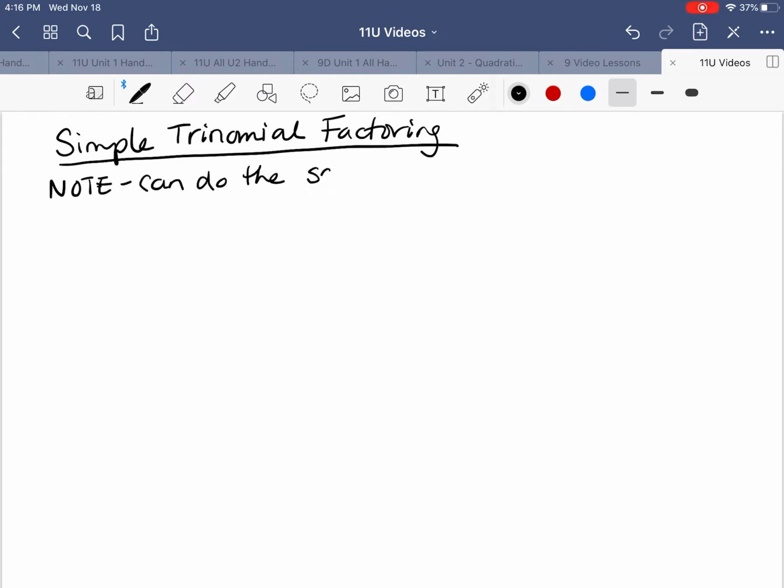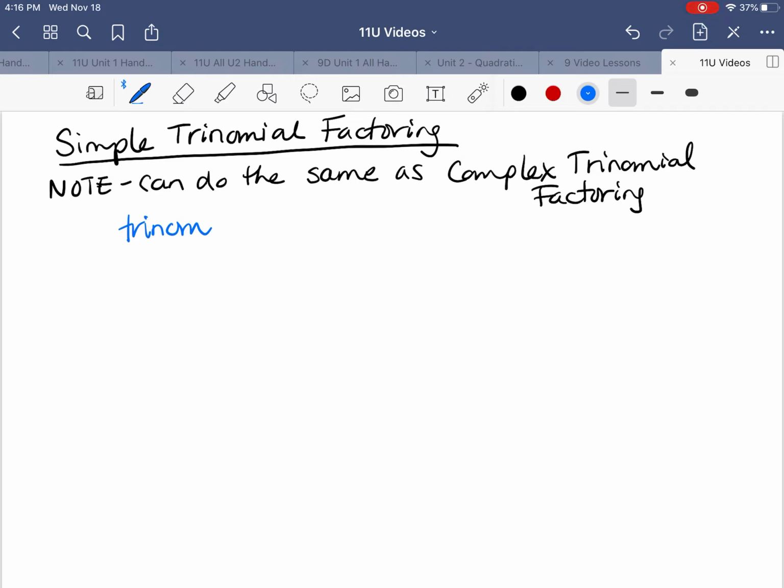Okay, so with simple trinomial factoring, we are looking at a trinomial that looks like this. We have ax squared plus bx plus c, and we have a is equal to 1.